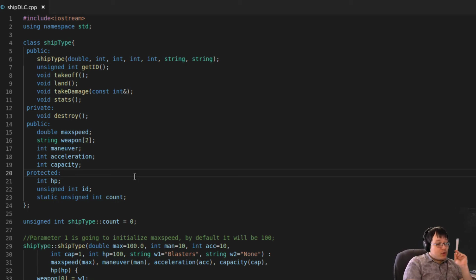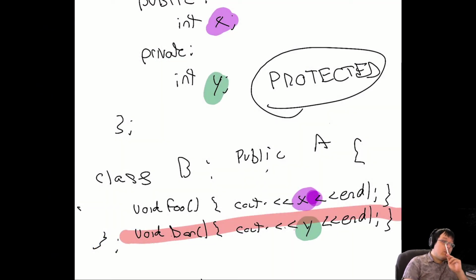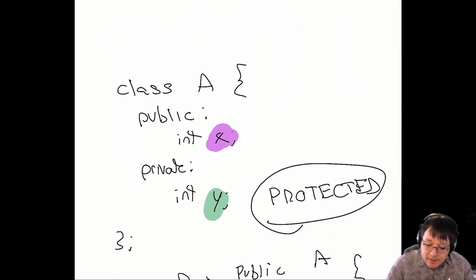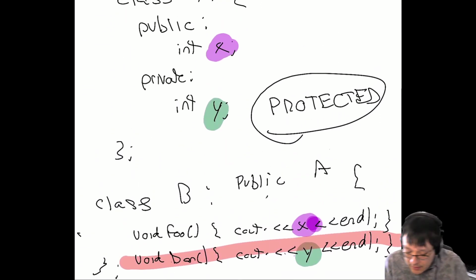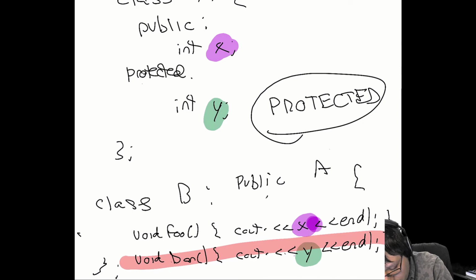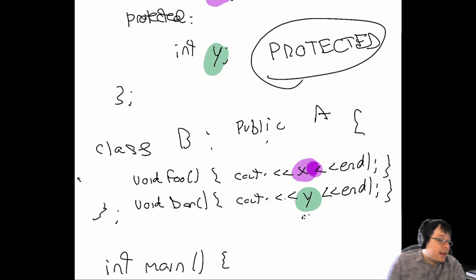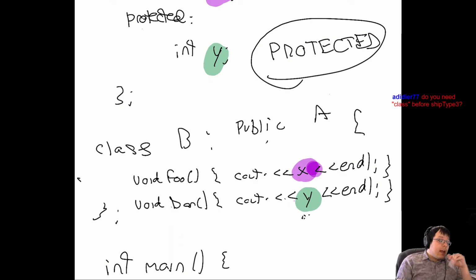Where you get the superhero effect of protected is when you do inheritance. When you do inheritance, if I have my class A here and my class B, if I switch this from private to protected, now when I go ahead and do the inheritance, and I also inherit publicly, the Y here in the inherited class will be treated as a private variable in the sense that you can still access it, unlike where you couldn't access it when it was private.